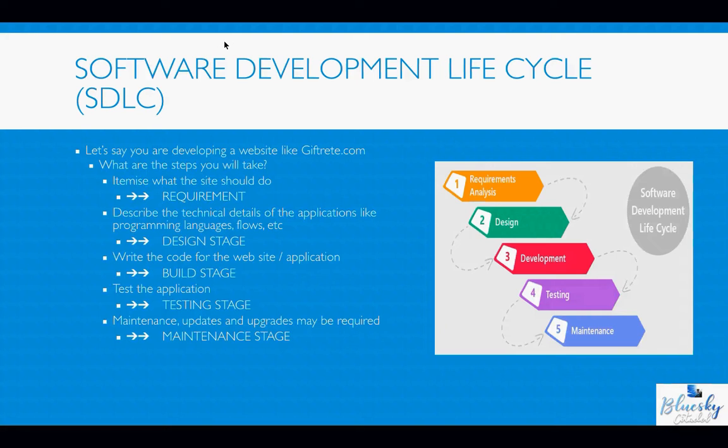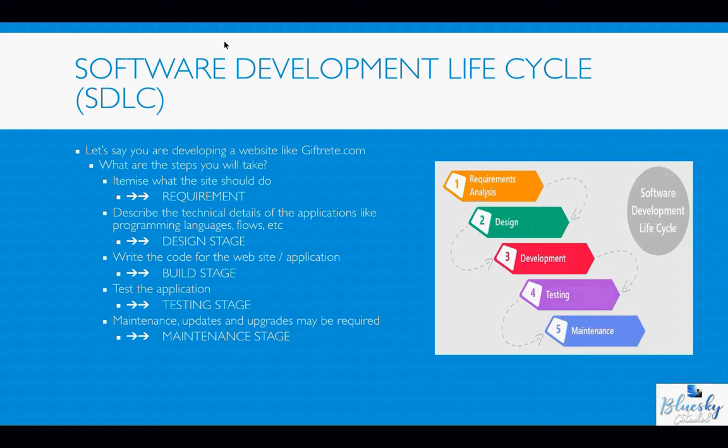So then from there, what do you do? You now describe the technical details of the application, like programming, database, flows, what exactly is required for that. So that takes us to another stage, which is the design stage.